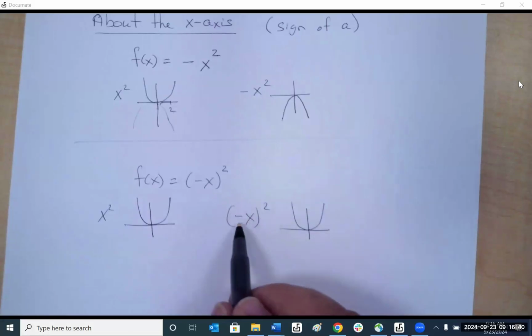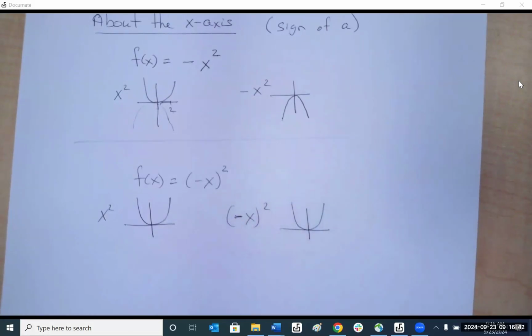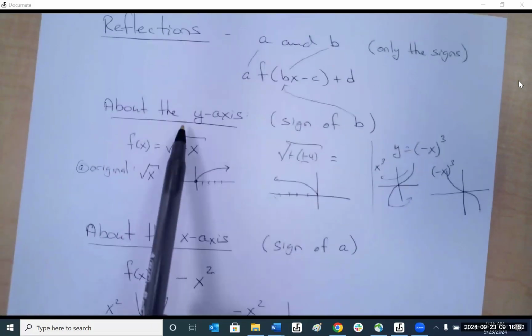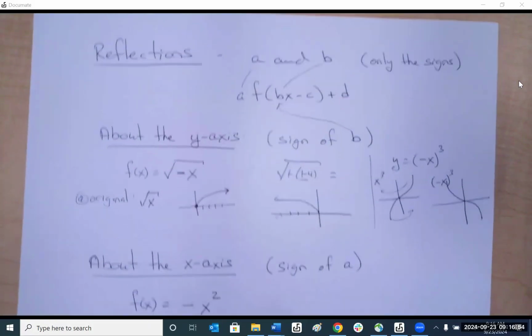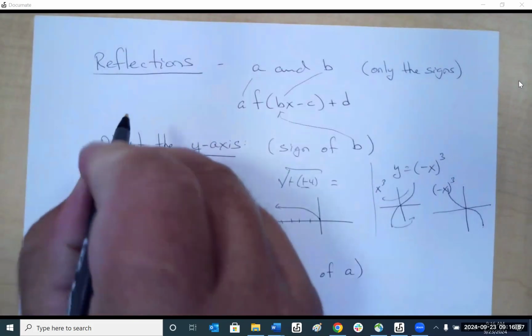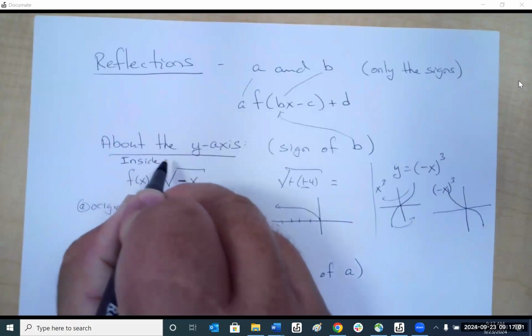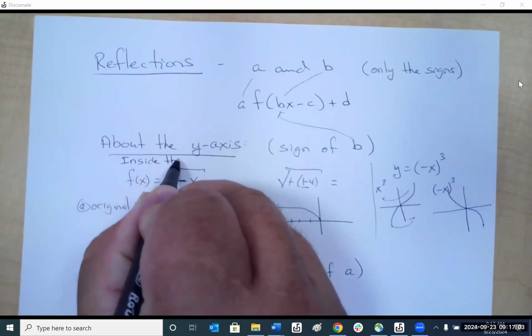Is this negative inside or outside the function? It's inside because it's inside the parentheses. What do you do if it's inside the function? If it's inside the function, you flip across the y-axis. This is inside the function.